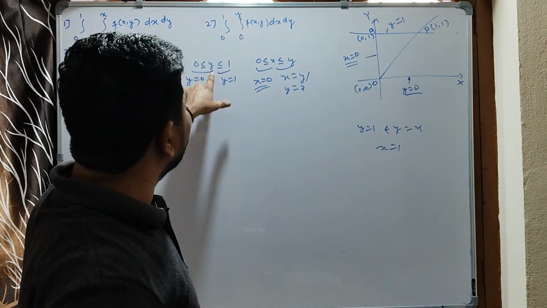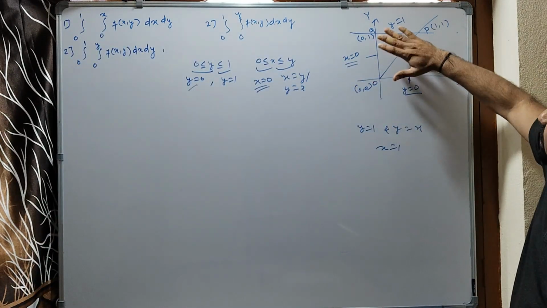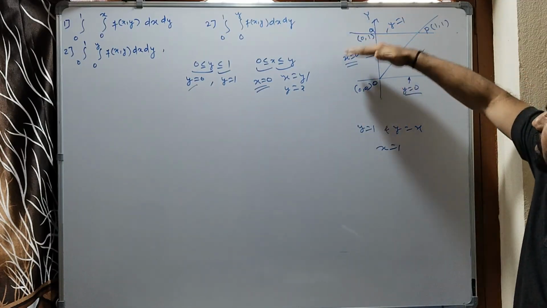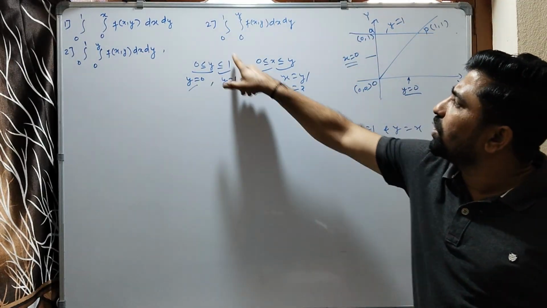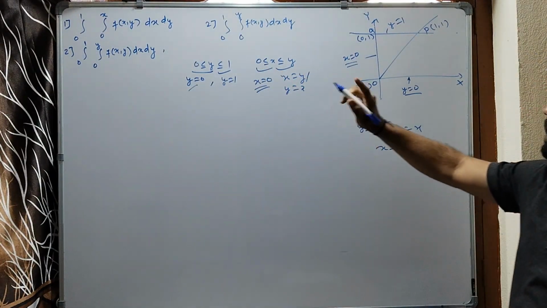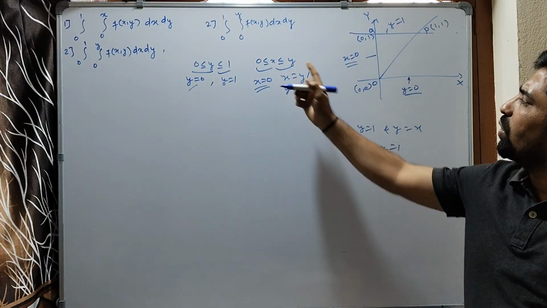So here 0 is less than or equal to y, which is less than or equal to 1. So the height of y is from 0 to 1. This is the complete region corresponding to this interval. And 0 is less than or equal to x, which is less than or equal to y.